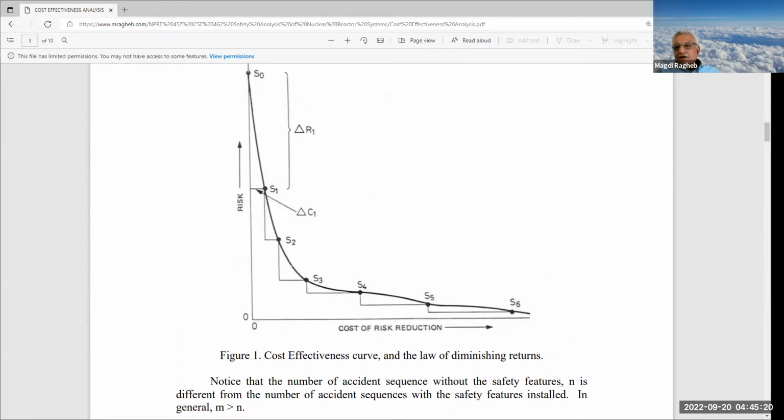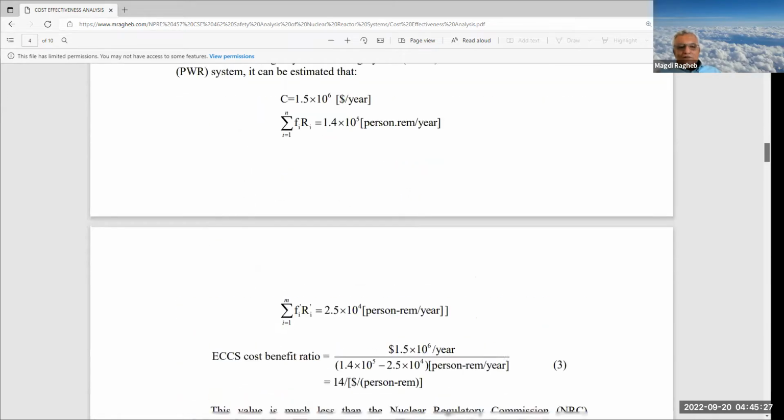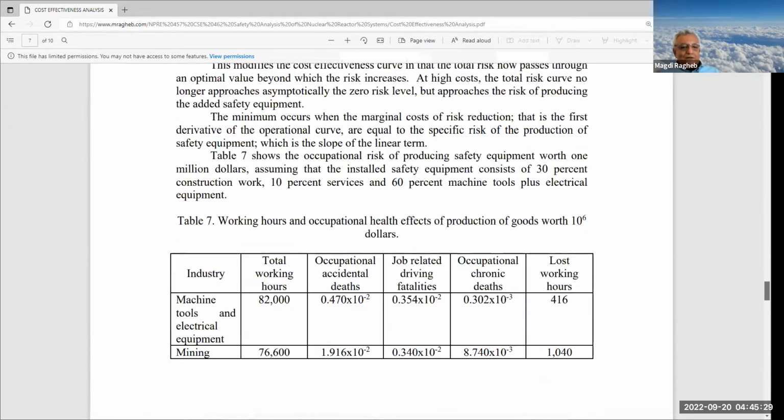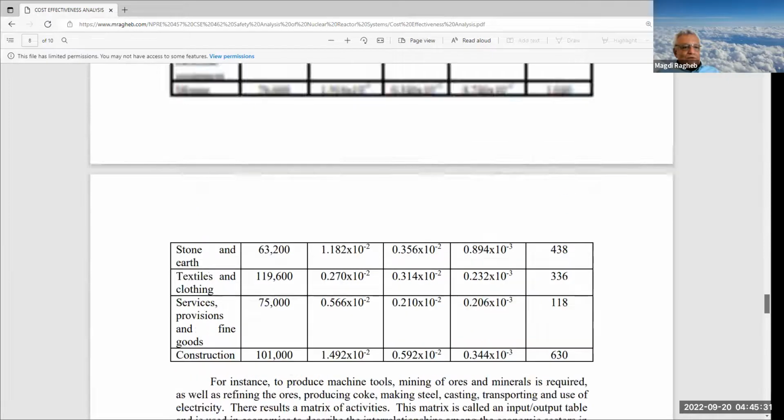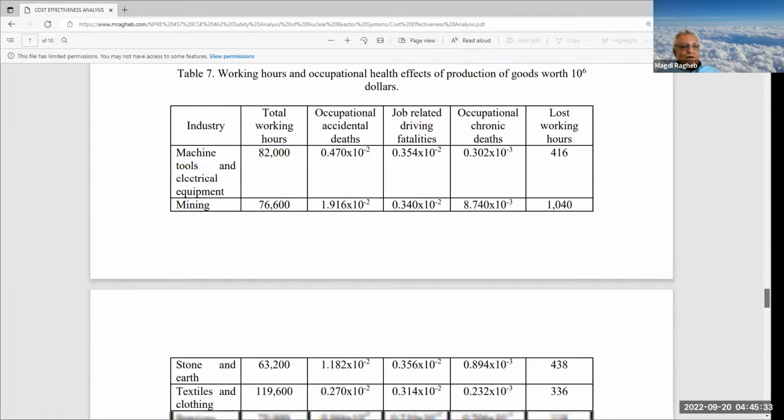So these are two different approaches. Obviously, it's much more elaborate and difficult to adopt the overall economic system approach, but it is being used, and people have been using it.